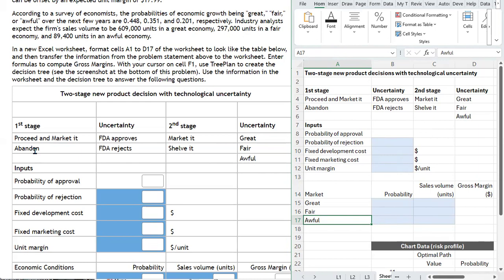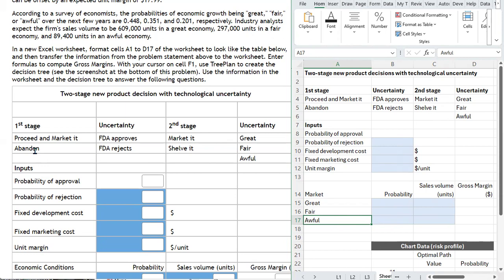The uncertainty follows the decision of this first stage. FDA approves, FDA rejects. And then, based on getting FDA approval, they can market it or shelve it. Now, if they get an FDA rejection, they're done. They're not going to market a rejected FDA product. But if they get the approval, they can market it or they can shelve it.